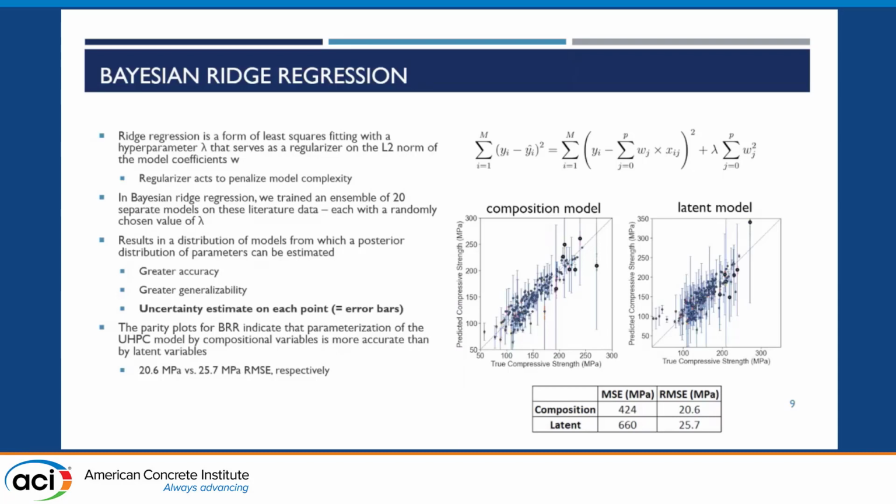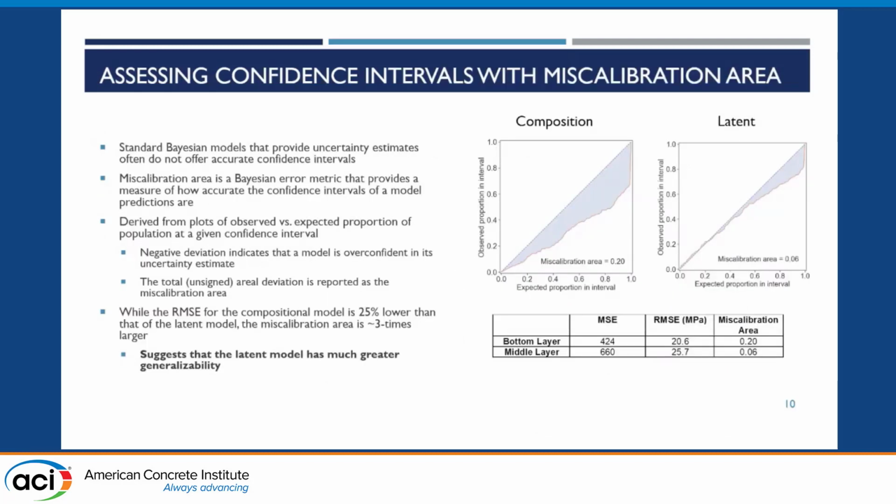Surprisingly for me, not I guess for them maybe, the latent variable model actually gave a higher root mean squared error on the testing set versus composition-based models. The difference is not much, but the composition-based model did better.